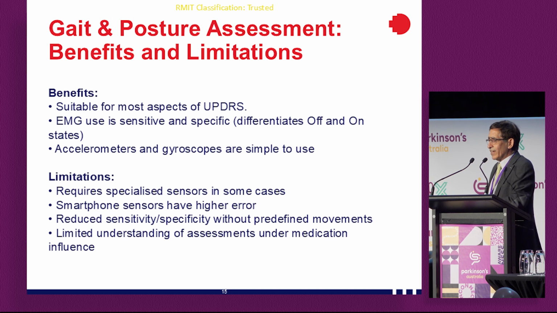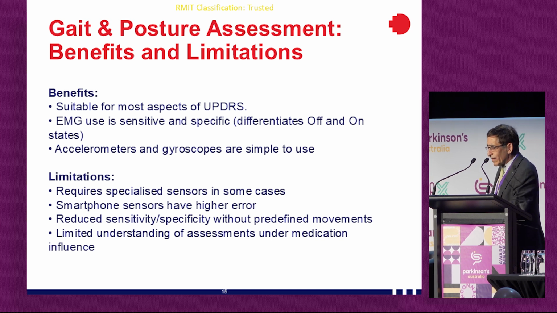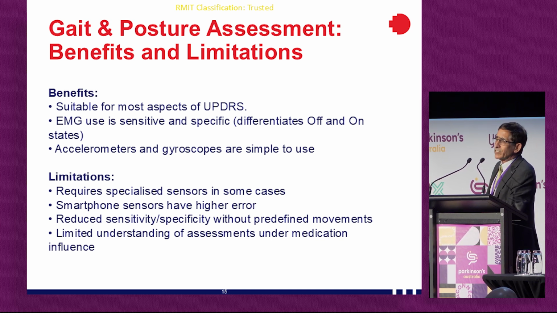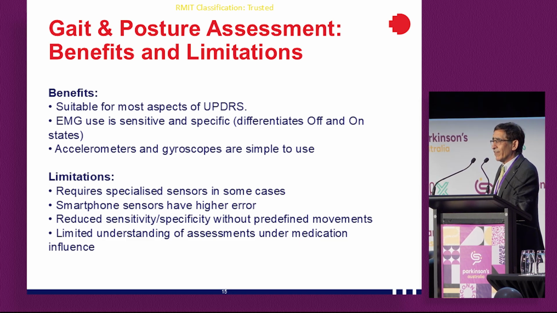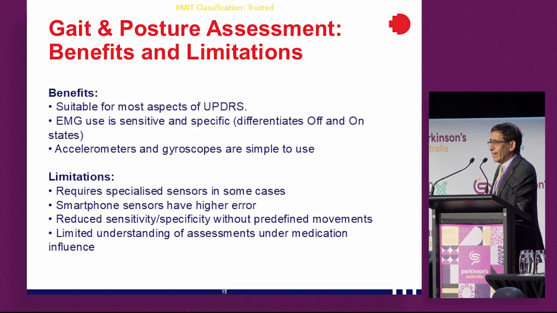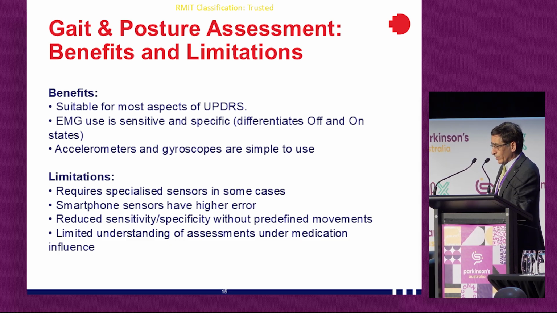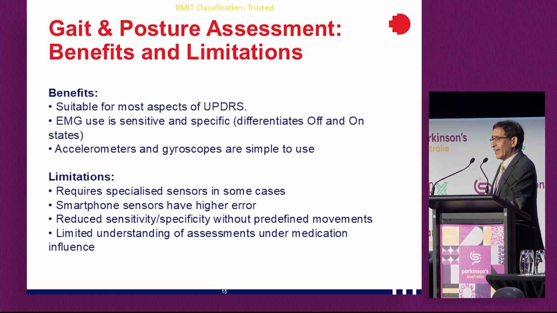Again, the gait and posture assessment has got lots of benefits because it is something which is suitable, which gives you a very good result and adds on to the UPDRS. Not only does it give you the factors related to the gait, but it also helps the clinician get a good assessment of the bradykinesia and rigidity.